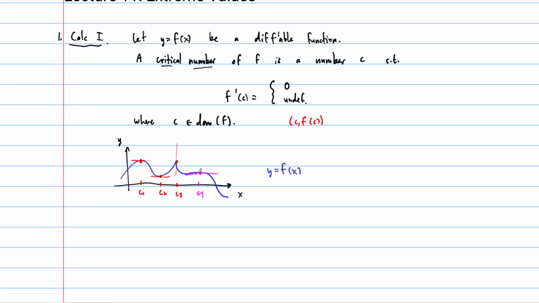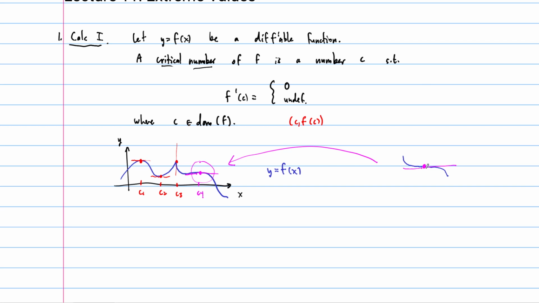If we zoom in on this point, the curve is above the tangent line and then below the tangent line, but at this point the tangent line becomes horizontal. So this is the idea here.